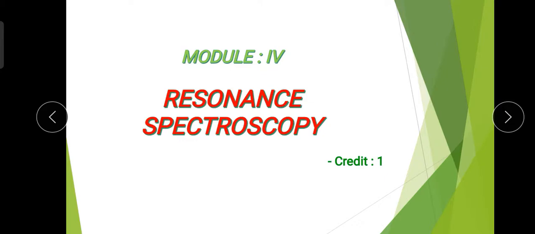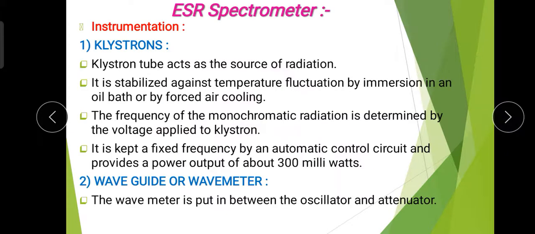We started with ESR and studied its working principle, and what happens when we put a sample in the presence of a magnetic field. All those things we discussed in our previous video.